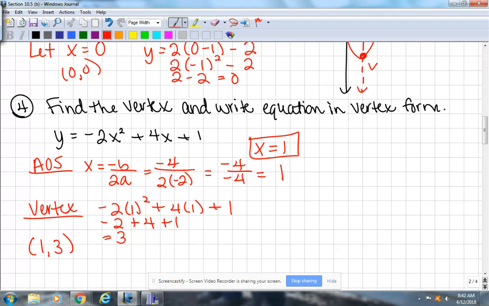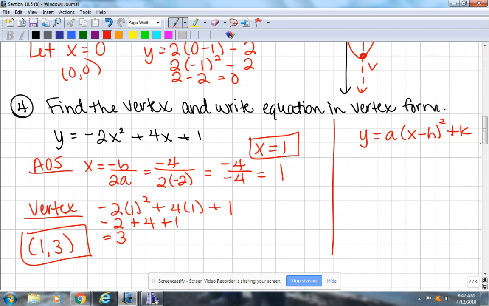1, 3. So now that I know my vertex, I can put it in vertex form. Remember, vertex form is y equals a times (x minus h) squared plus k. So all I have to plug in is my a, my h, and my k. Remember, on this one, we got to change the sign, though. Right? They're opposite signs. So what was my a term for my standard form?